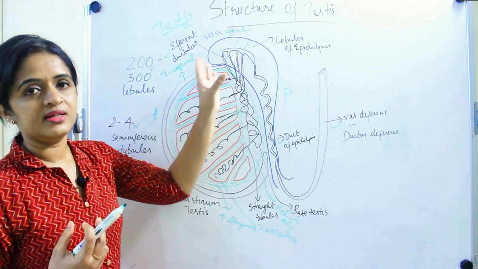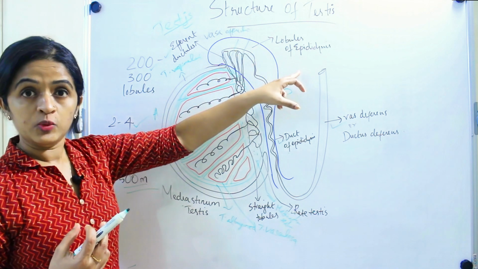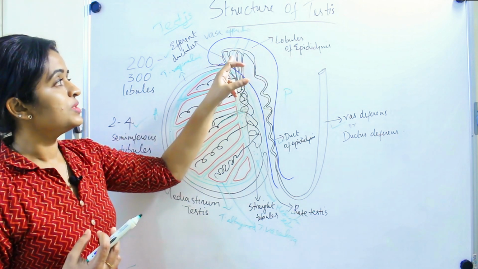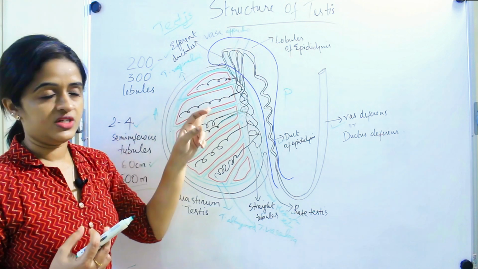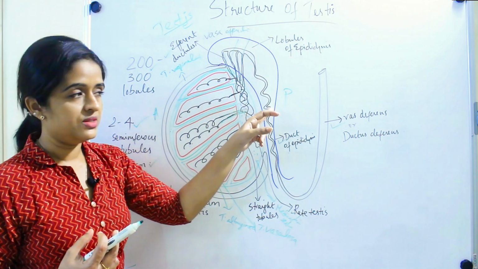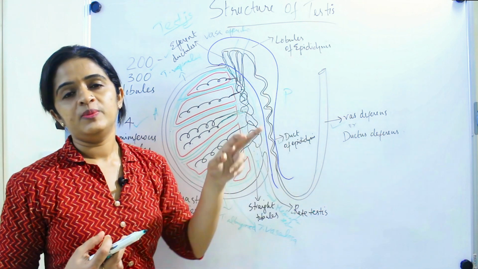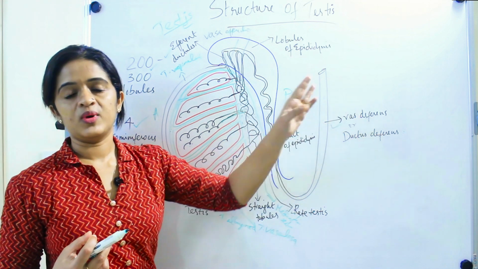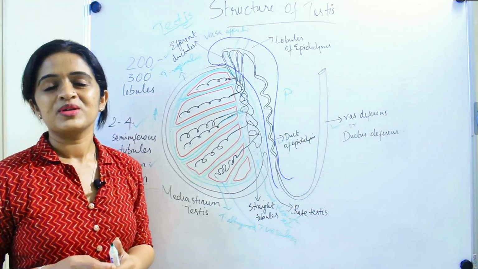The concentrated sperms are drained into the lobules of the epididymis through straight ducts known as efferent ductules or vasa efferentia, and from there travel through the duct of epididymis, and finally through the ductus deferens or vas deferens, and finally it will get ejaculated. So that's the structure of testis in a nutshell.